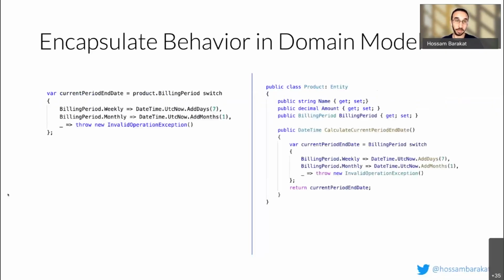After encapsulating the collection, we pushed the behavior of calculating the current period end date to be part of the product class. We talked about the potential usage of enumeration classes if you have multiple locations in your code base with if, else, or switch statements over the enumerator.